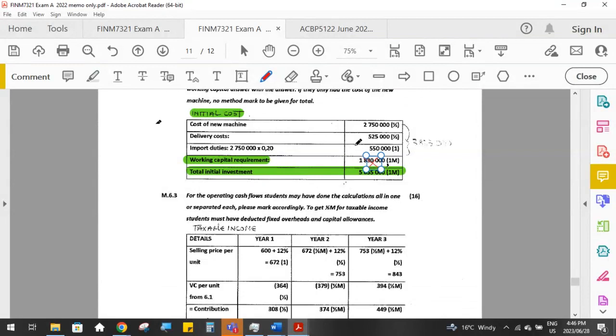So when it comes to that, we will only include the cost of the new machine, the delivery costs, and the import duties, because those are the directly attributable costs that we must capitalize when we purchase that machine. So just those 3 amounts added together is what we will use when we work out the capital allowance.